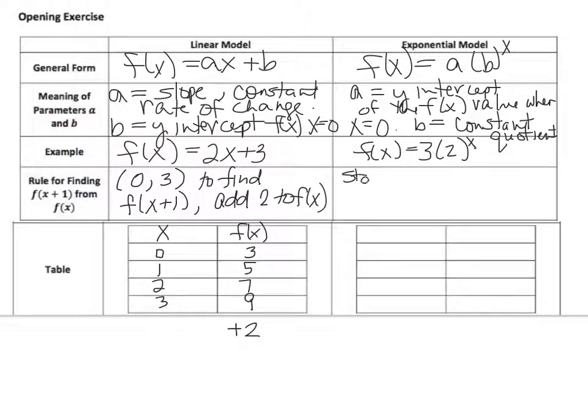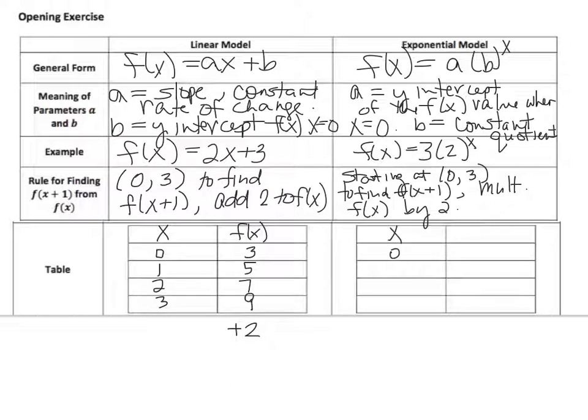So starting at (0, 3), to find f of x plus 1, the next term, multiply f of x by 2. So I'm going to start 0, 1, 2, 3. f of x, my first term is 3, multiply it by 2, multiply it by 2, multiply it by 2.